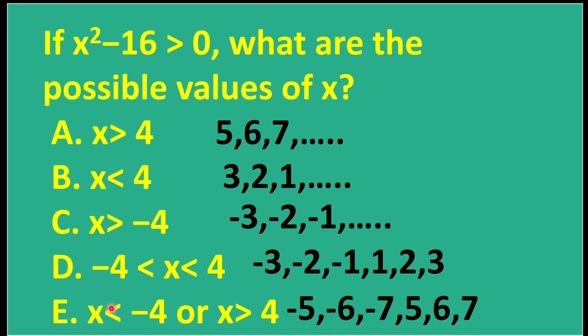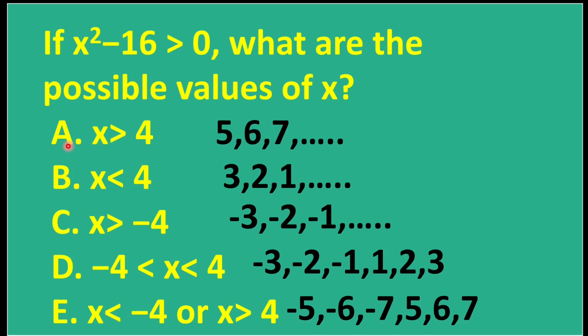If x is less than minus 4, or x is greater than 4, both conditions are satisfied by this option, and basically option E is the correct answer to your question.